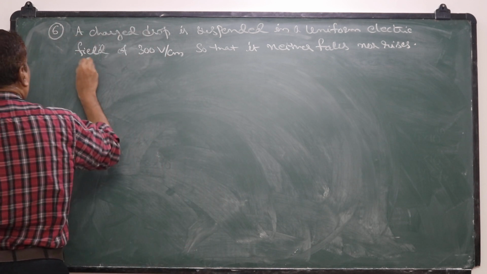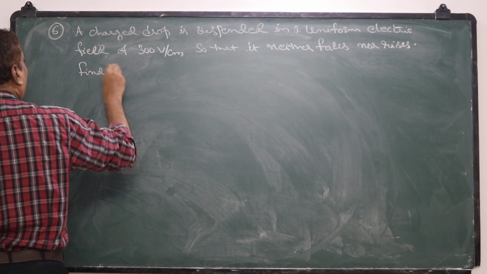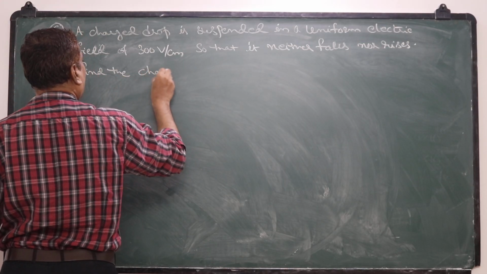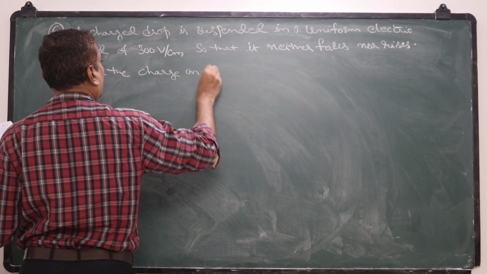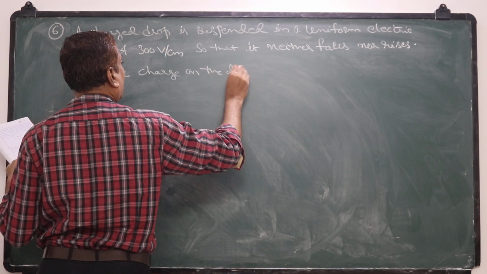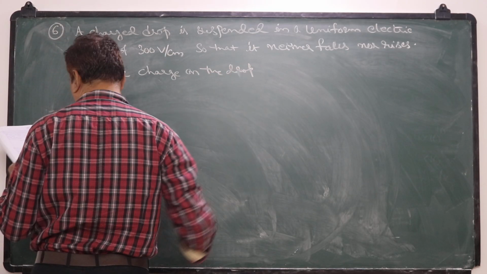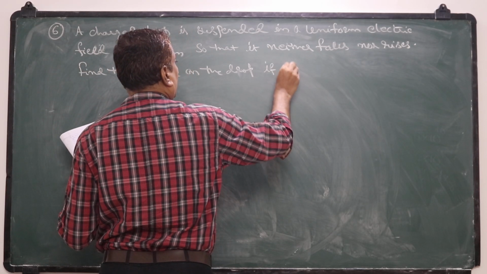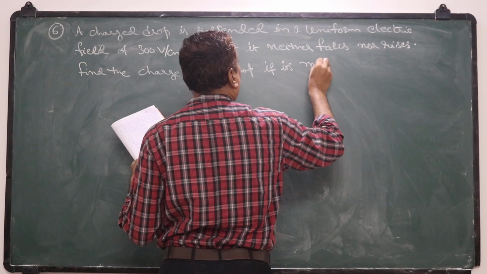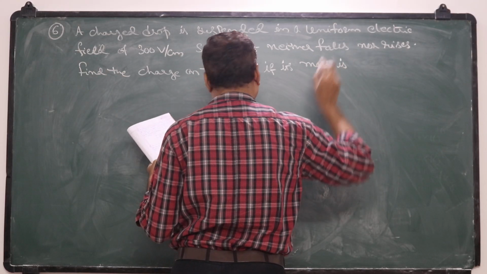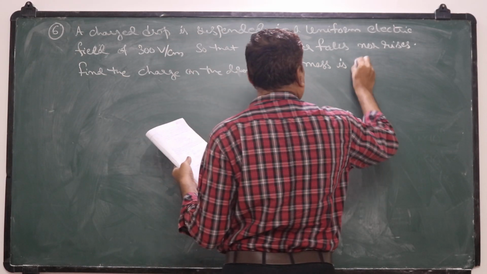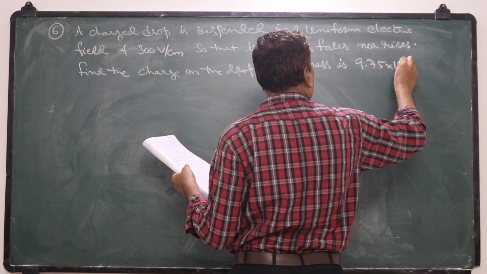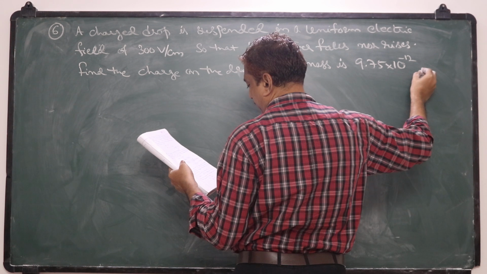Find the charge on the drop if its mass is 9.75 10 power minus 12 gram.